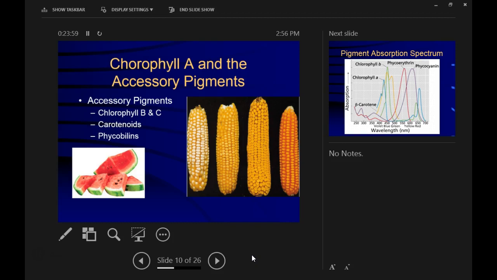So you can do that with all these different pigments, and you'll get a different absorption spectrum. So I'm going to show you this absorption spectrum that we do with a spectrophotometer.